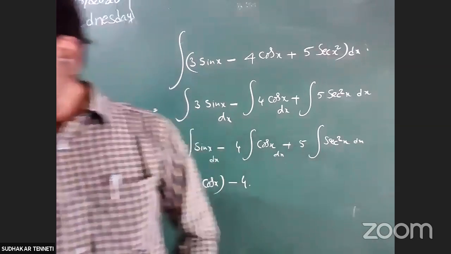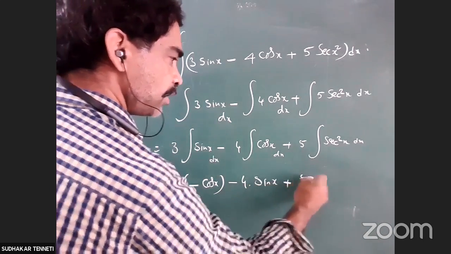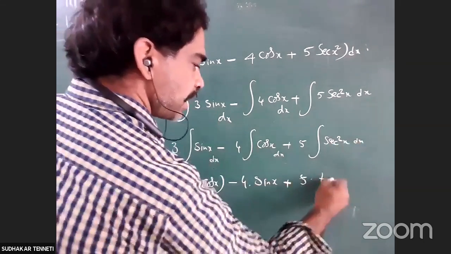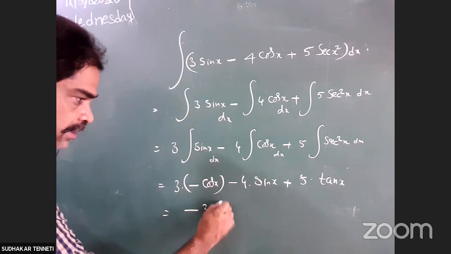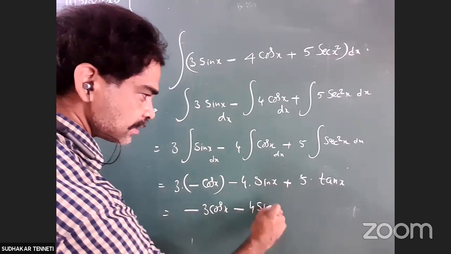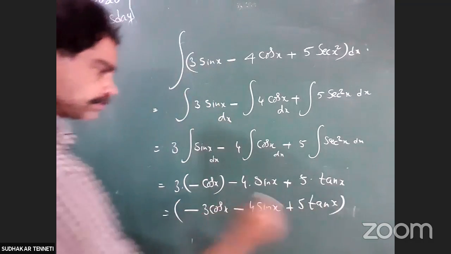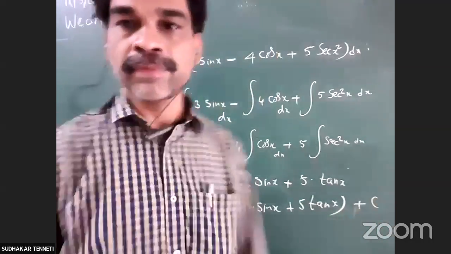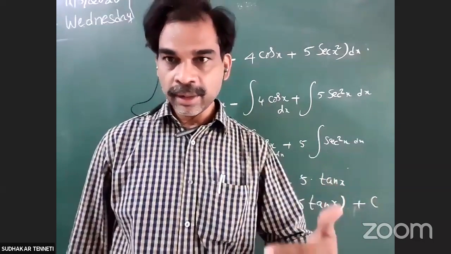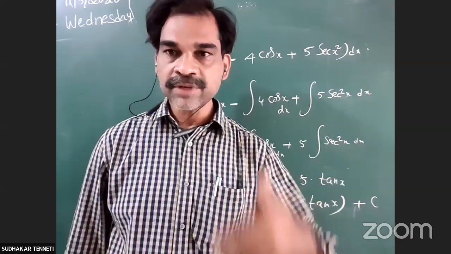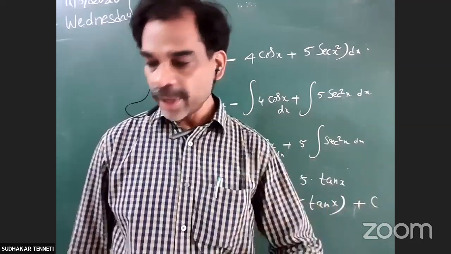So 4 into sin x plus 5 into integral of secant square x means what? Tan x. Next step is minus 3 cos x minus 4 sin x plus 5 tan x. Along with this you will get a constant c. So this is next level integration regarding trigonometric ratios. Previous one is integration regarding algebra concept, and this is integration regarding trigonometric concept.